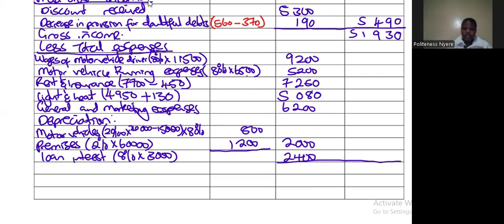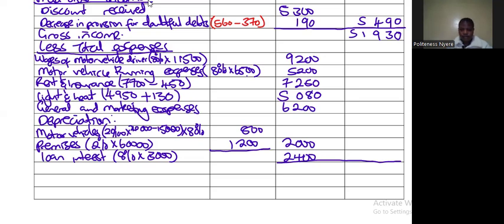So now we have to add everything. I'm going to use my calculator here. 2,400 plus 2,000 plus 6,200 plus 5,080 plus 7,250 plus 5,200 plus 9,200.